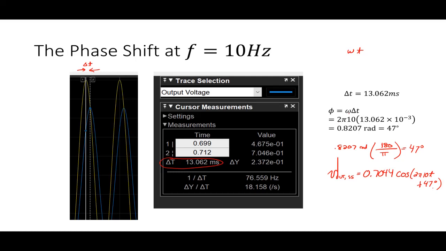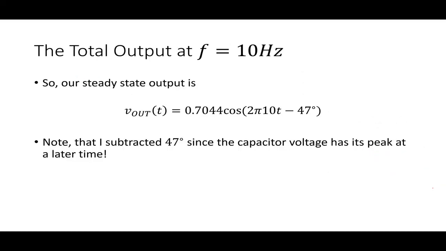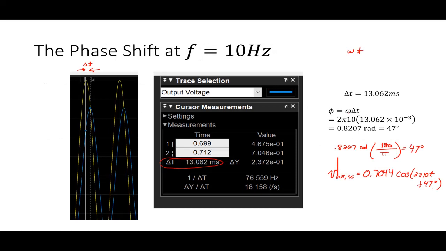That's our true waveform. We're going to learn a lot more about that, and I should be careful. It's actually minus 47 degrees, because the peak of the blue happens later. In other words, I had to shift the yellow, my input, to the left. Sorry, I had to shift it to the right.